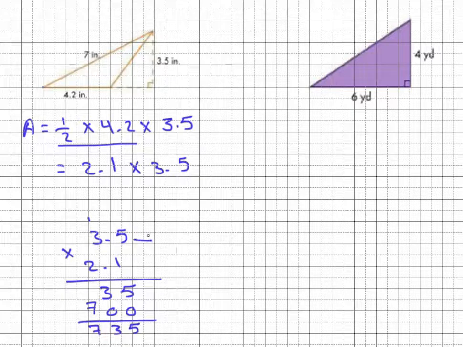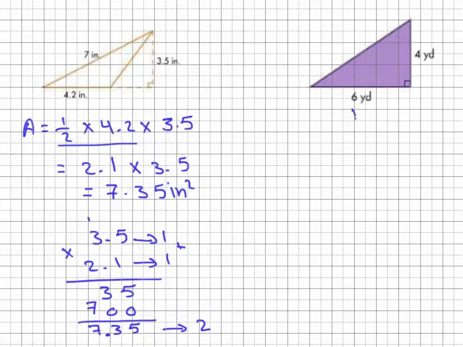Don't forget here the decimal point after 1 and here also after 1. That means the answer must have two decimal places. Add them. Now the decimal point must be here. The answer here is 7.35 inch squared.